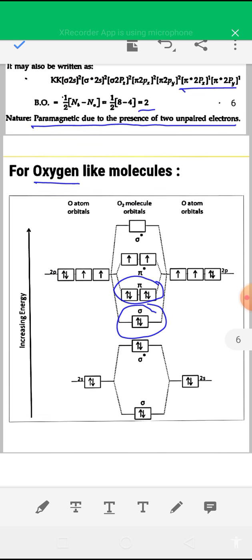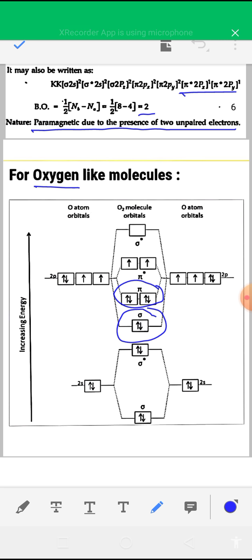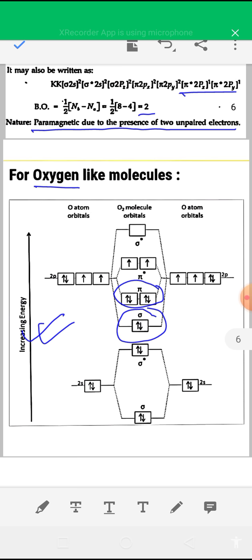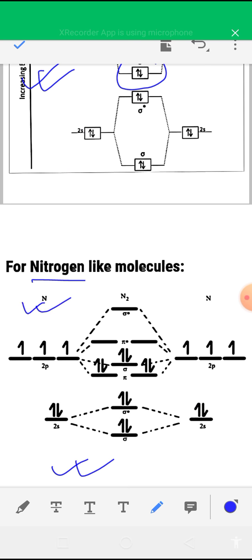For oxygen, fluorine and neon, this type of arrangement you have to draw for the molecular orbital electronic configuration, and for up to nitrogen, this arrangement.